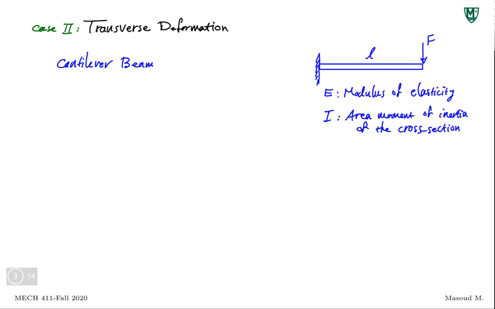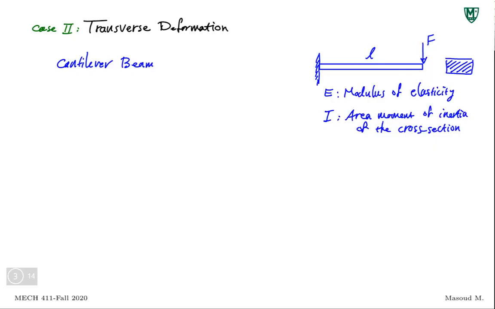What do I mean? This beam, I'm looking at it from one side, right? So it has some cross section. I'll draw it here. I'll exaggerate so it's bigger, we can see. This is the cross section of this beam. This I is the area moment of inertia of the cross section.